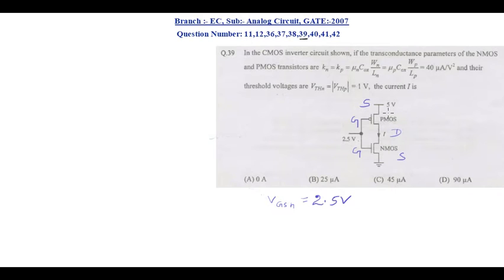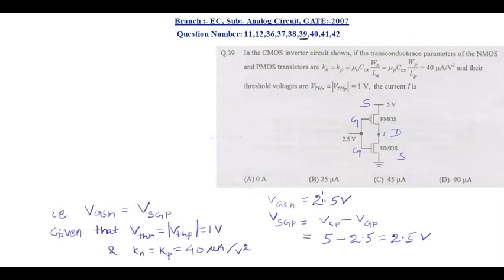VSG of the PMOS transistor will be 5 minus 2.5 volt, that is again 2.5 volt. So we can infer that the VGS of the NMOS transistor is equal to the VSG of the PMOS transistor. And again, it is given that the threshold voltages are of equal magnitude and Kn and Kp are equal, that is 40 microampere per volt square.